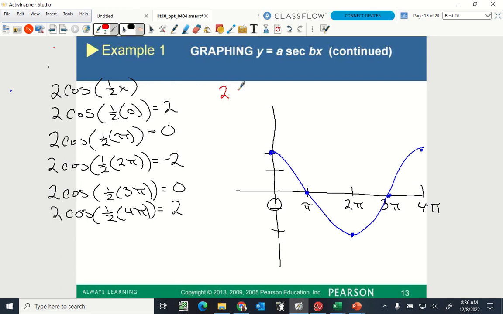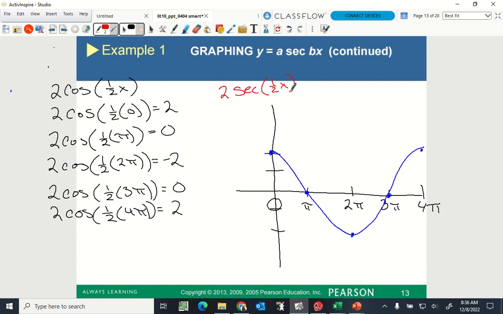Now, we're going to do the secant. So 2 secant of 1/2 x. So what I said was at the maximum, it goes where? It's going up, right? It's going to go up. So I will show you this now. If we plug these in, you will see what we end up getting.